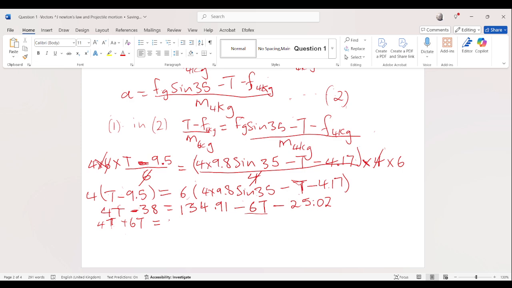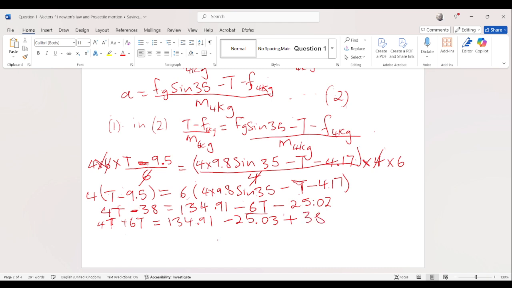Then we will be left with 134.91 minus 25.03, and also plus 38.